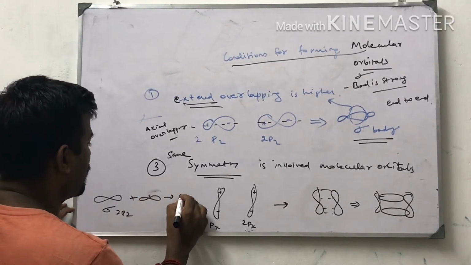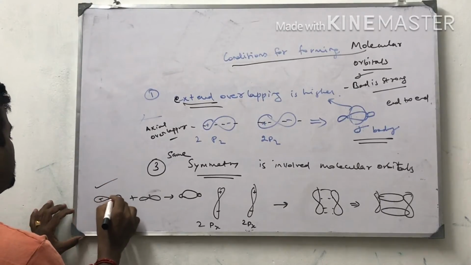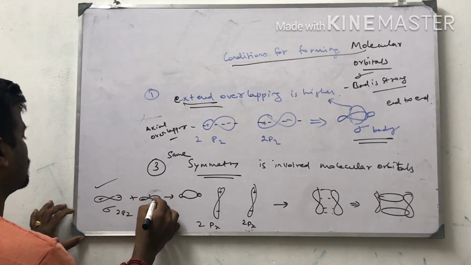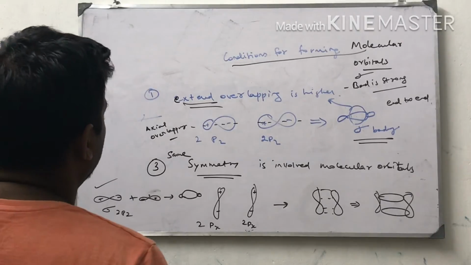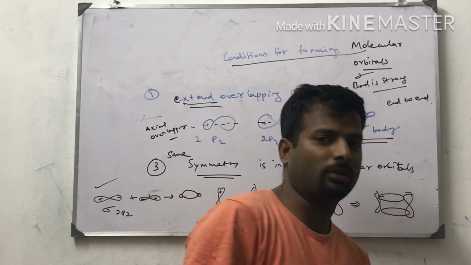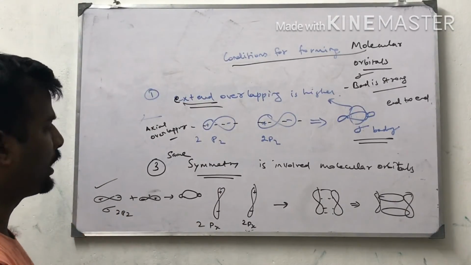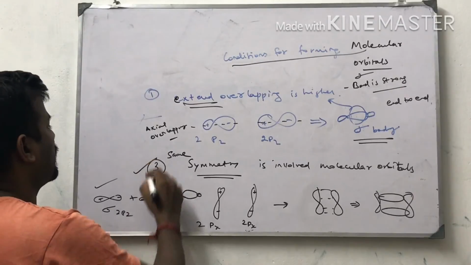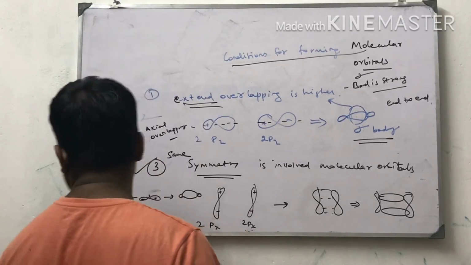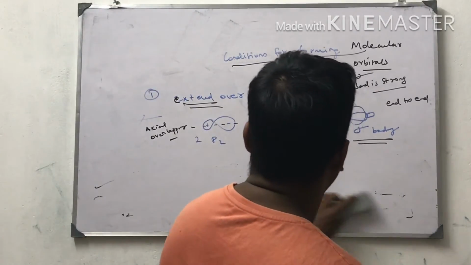These are all symmetry. The lateral overlapping compounds will form sideways only, while end-to-end overlapping compounds form head-on only. This is the third condition, symmetry.